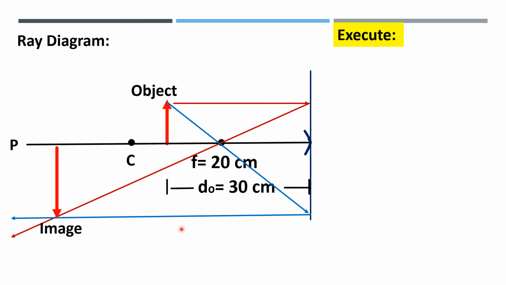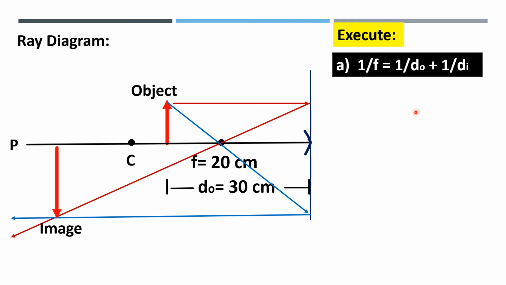And we are not going to do it graphically because that's going to consume a lot of time, and the objective of this tutorial is really to calculate the image distance using what we call the mirror formula. All right, how are we going to execute our solution?